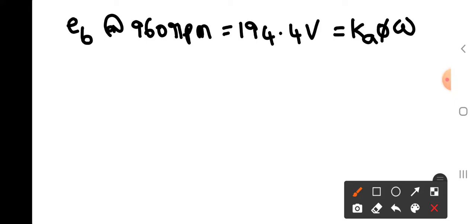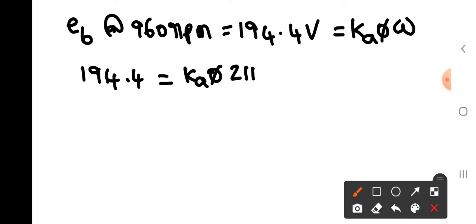Therefore 194.4 is equal to Ka pi into 2 pi N by 60, with N equal to 960.